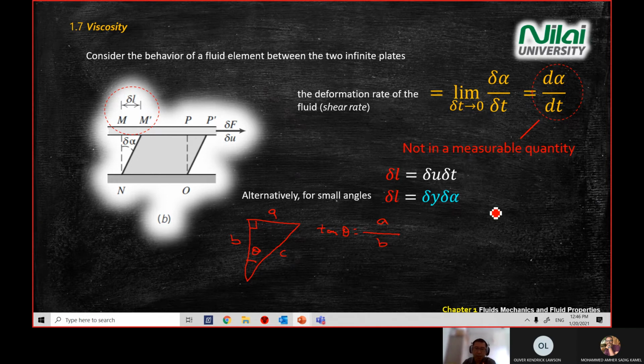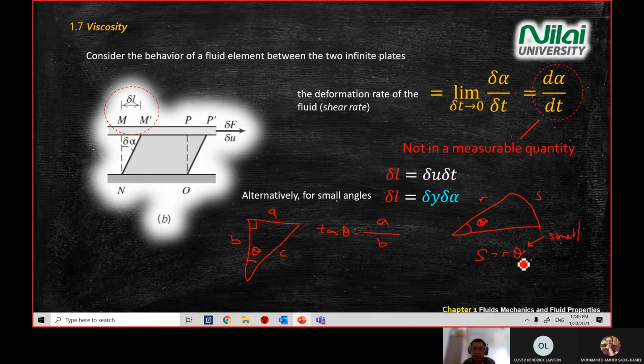And when you learn about a circle that gives you R and S, R is the radius, S is the arc length. So S equals R theta when theta is small.